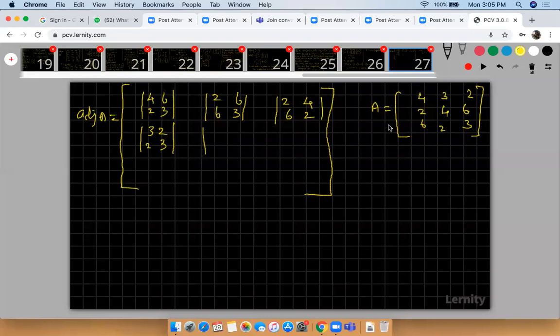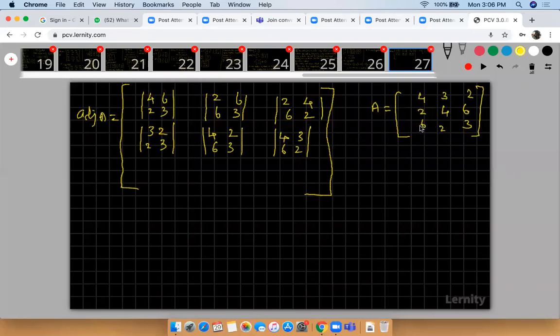Okay, right. Minor of this element is leave this row, leave this column, 4 2 6 3. Minor of this element is determinant of 4 2 and 6 3. And minor of this element is 4 3 6 2. This element means leave this column, leave this row, remaining 4 3 6 2.